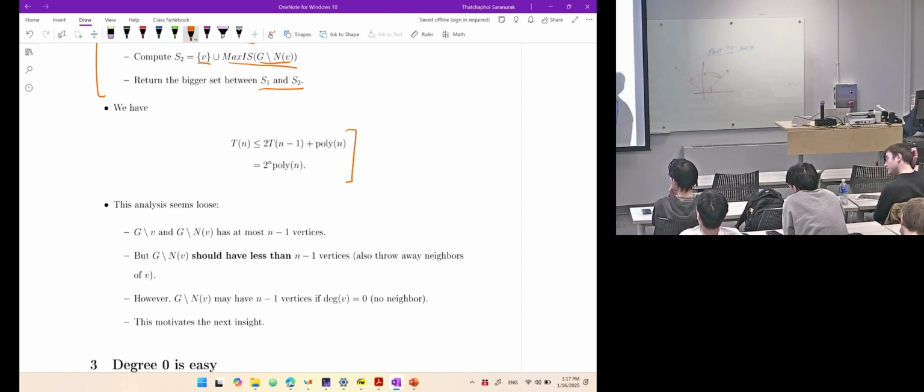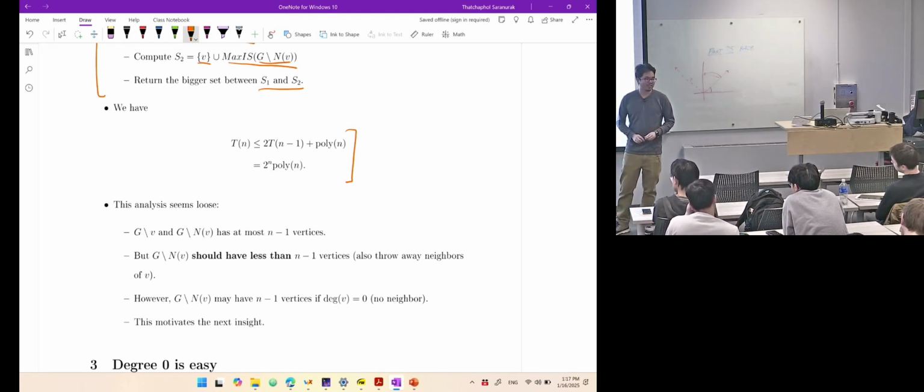However, it could be that even when you remove the neighbors of v, this graph still has n minus 1 vertices, because it can be that v has no neighbor. Degree of v is 0.